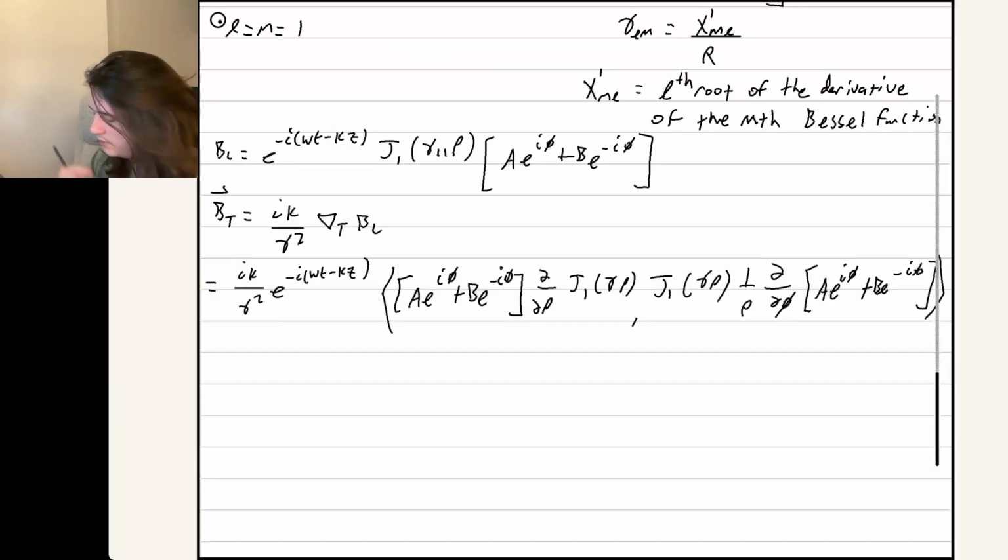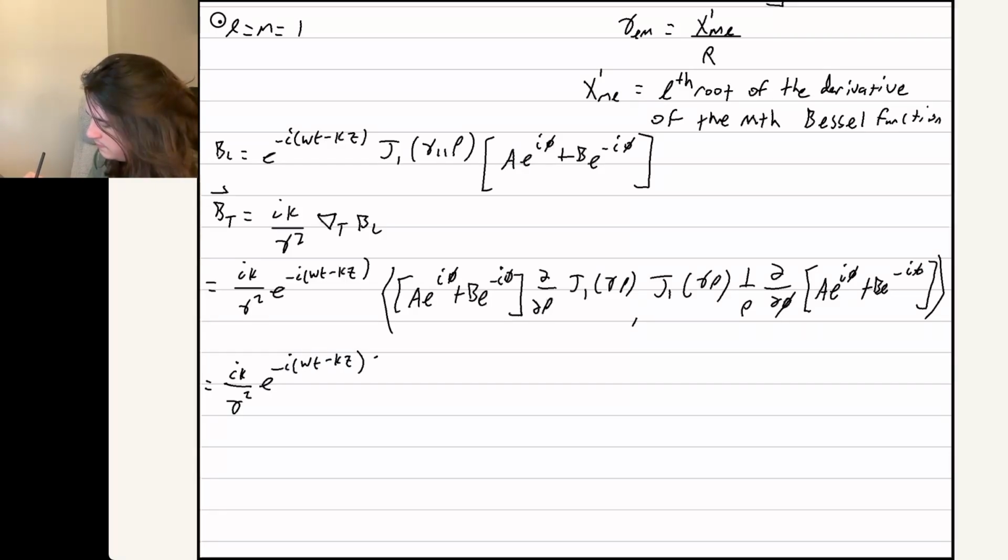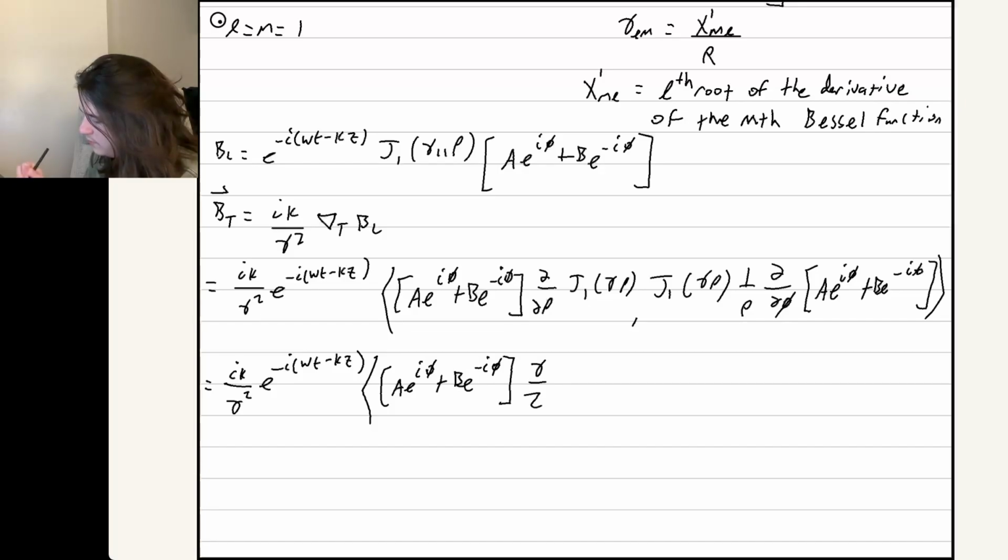So we can calculate those now, just writing out the prefactors again. ik over gamma squared e to the minus i omega t minus kz. And then you have that the rho derivative of the first Bessel function is gamma over 2, times the difference between the 0th Bessel function and the second Bessel function, right?